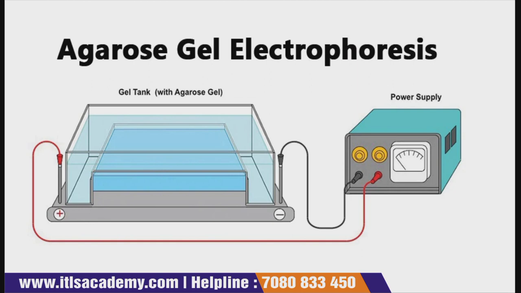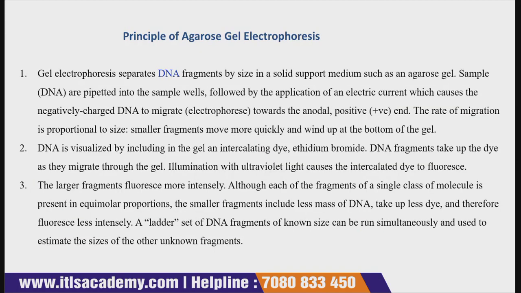In this way the setup of agarose gel electrophoresis is there in the laboratory. Whenever you visit your respective laboratories, you can see this type of setup, which is used for the separation of macromolecules.